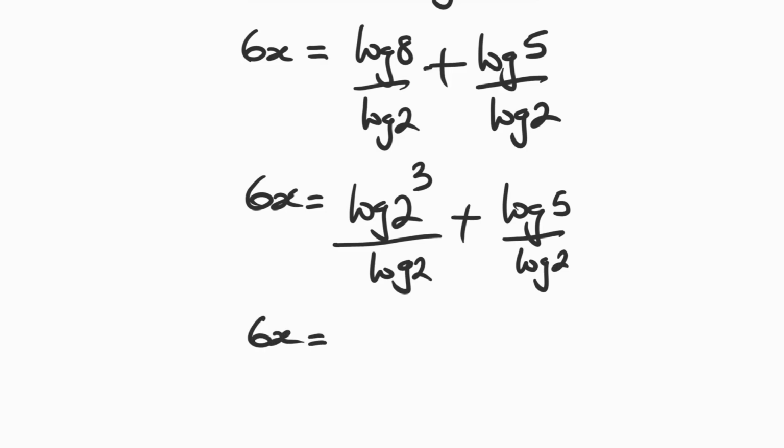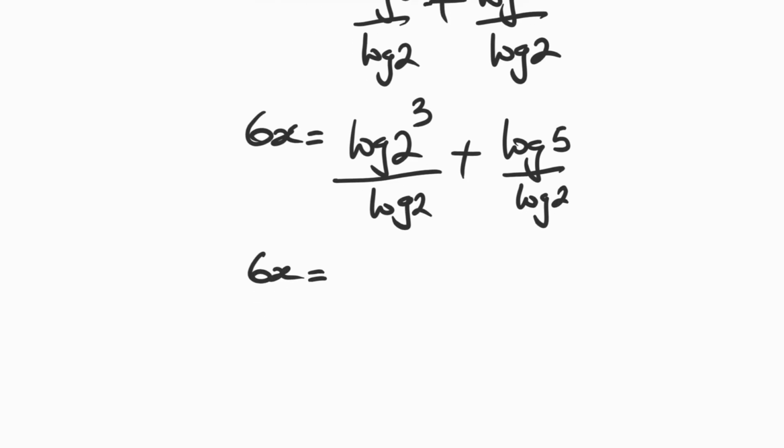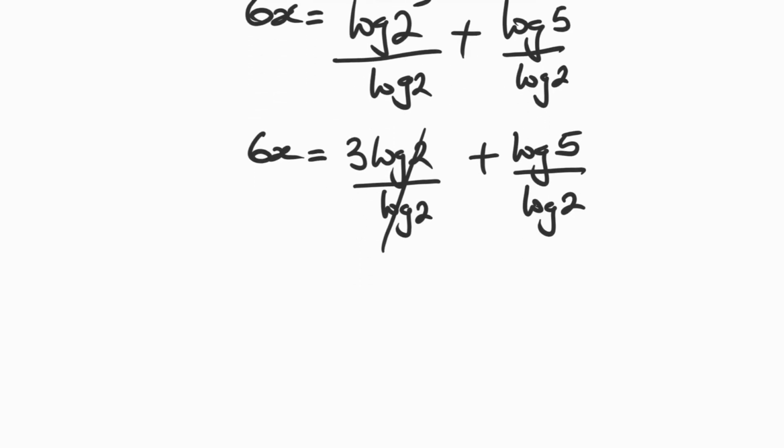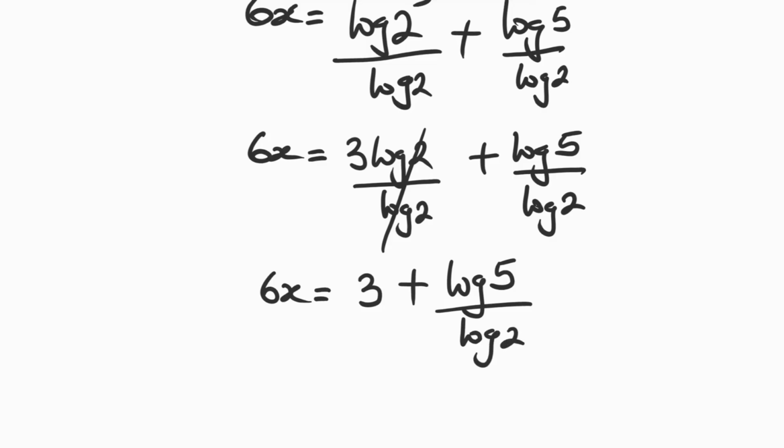So from our earlier formula, log 2 raised to the power 3 becomes 3 log 2 divided by log 2 plus log 5 divided by log 2. Now log 2 cancels out, and what we have left is 6x equals 3 plus log of 5 divided by log of 2.